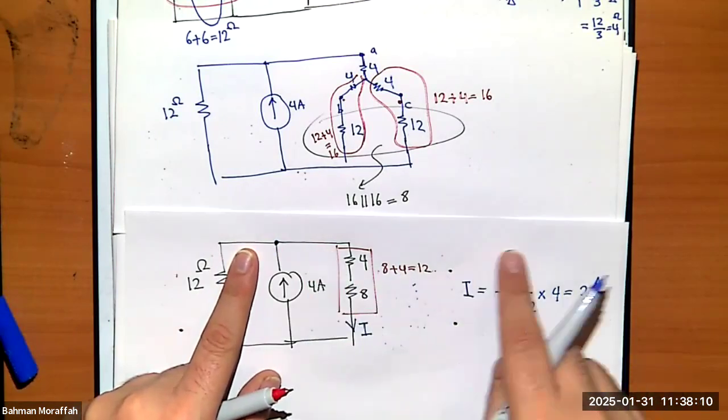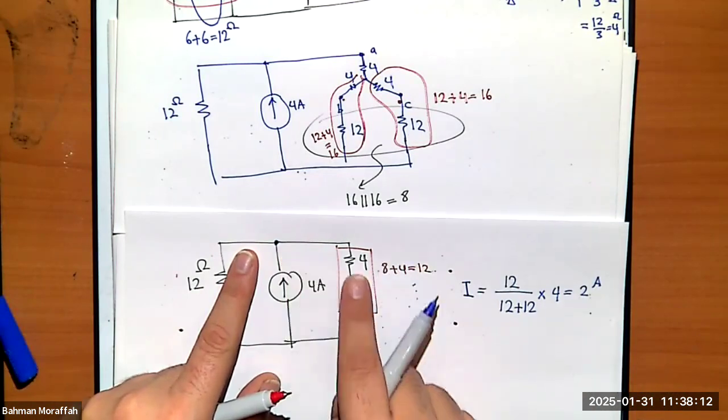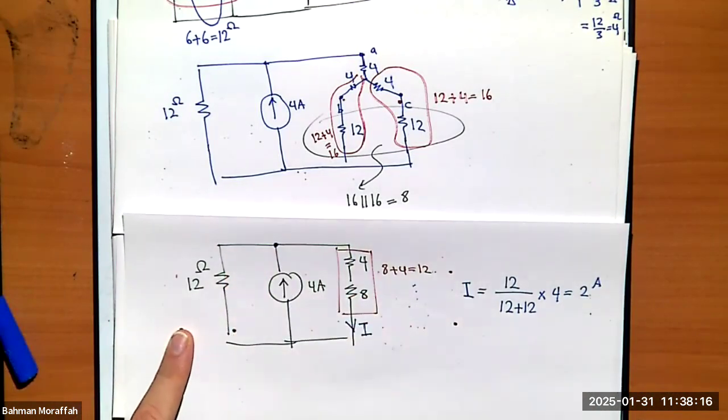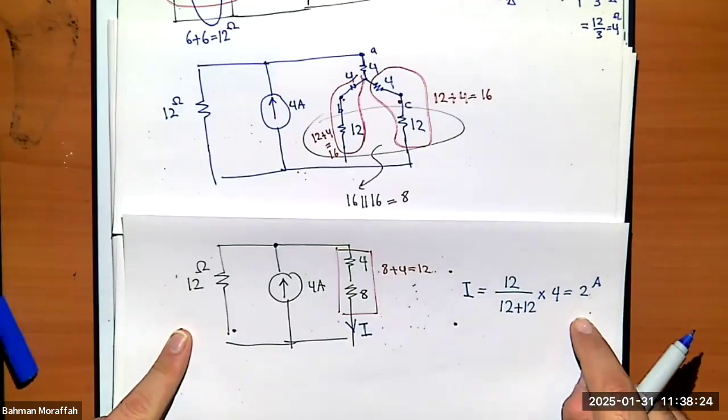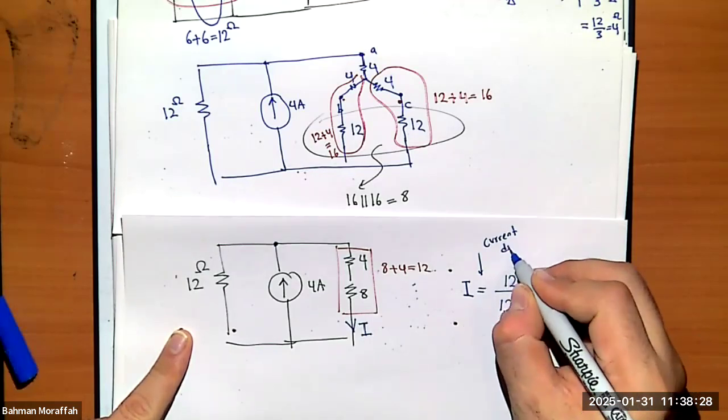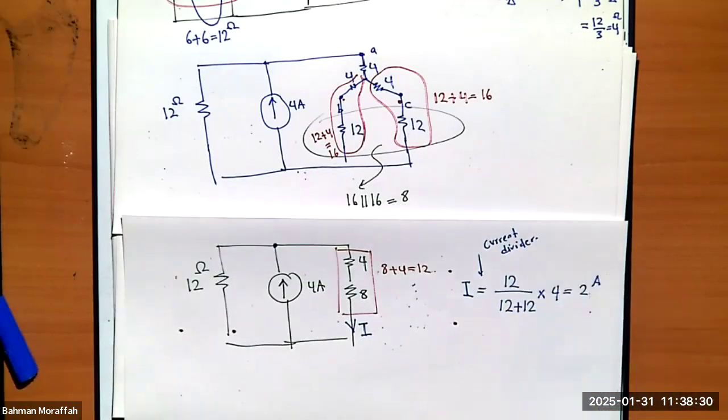So without even using this current divider, I know the current through here should be 2, and current through here should be 2. Right? Just a simple KCL. But also current divider tells that to us. This is a current divider.